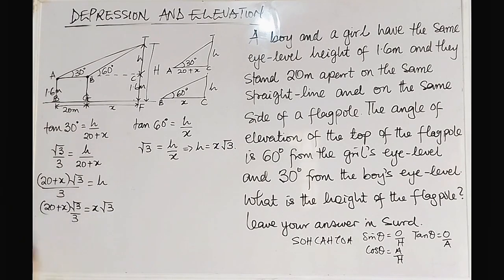Now what do we do here? Let's open the bracket. You have 20 root 3 all over 3, because root 3 all over 3 is multiplied by 20.